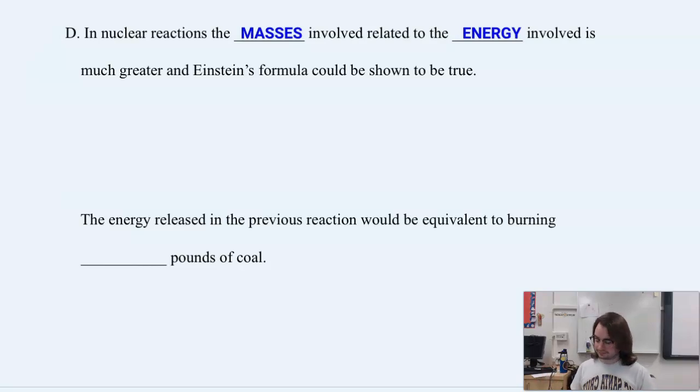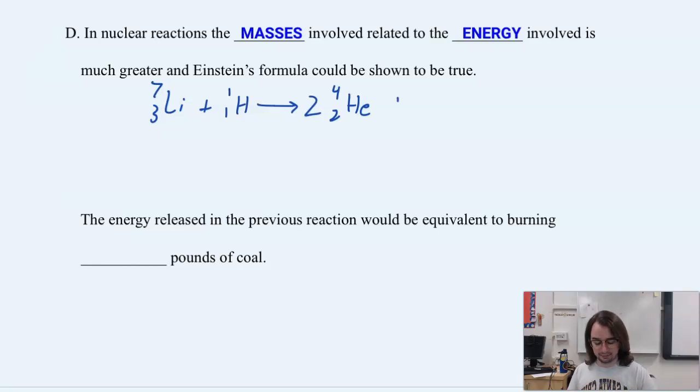Say, for example, I have lithium and I bombard it with a proton, or it gains a proton, then I have the formation of maybe something like this, where I form these two alpha particles. This is just an example, not anything that you need to memorize, but there is energy that's produced here.